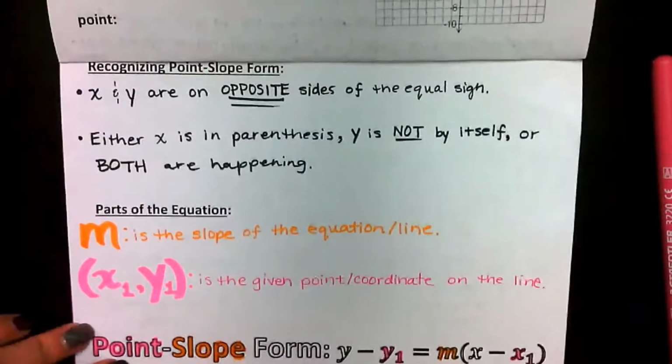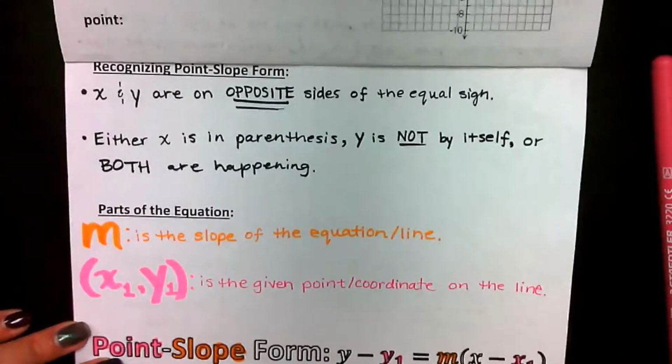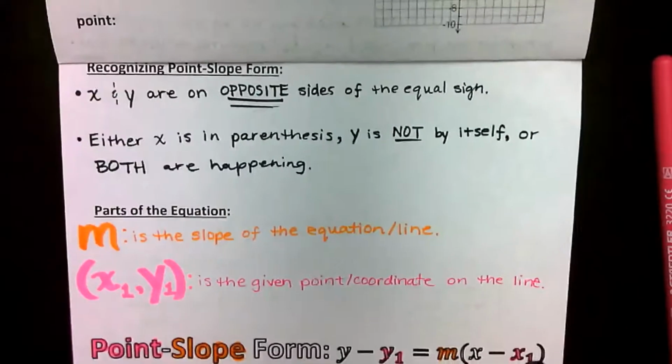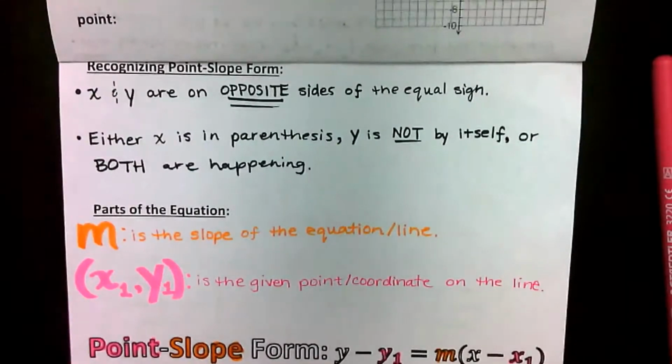All right, so either x is going to be in the parentheses, y might have something with it, or both of them are happening, just like we have on the bottom, okay?